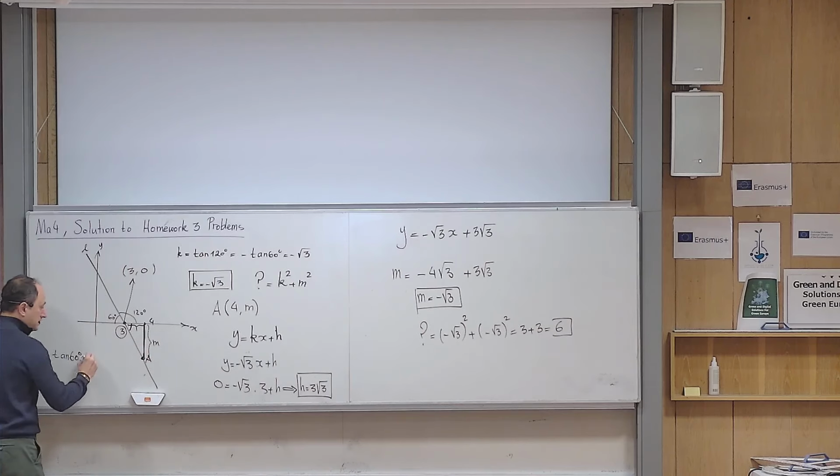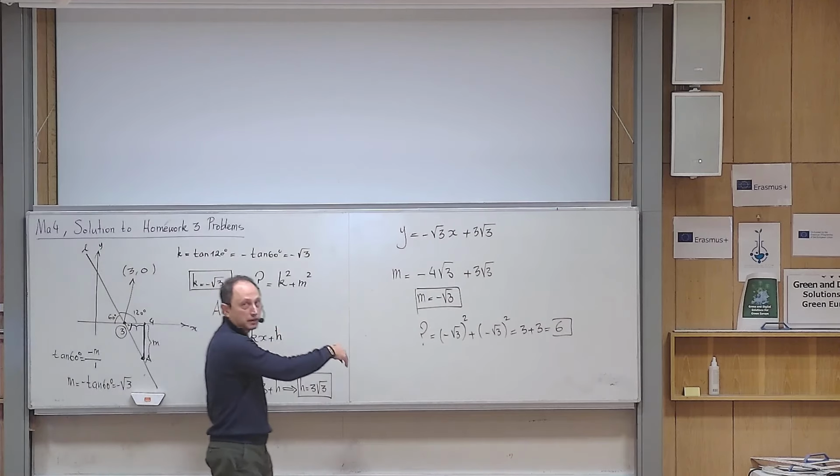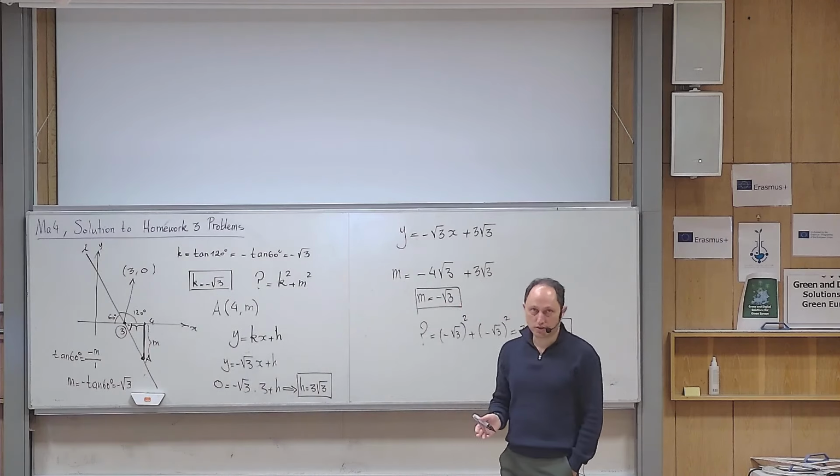Be careful, this length is minus m because m itself is negative, divided by the adjacent side, which is 1. So this m is minus tangent of 60 degrees, but tangent of 60 degrees is square root of 3, so we can get the same answer. So this is a geometrical way to find m. That is an algebraic way to find m. But if you understand what you're doing, you see that they are consistent.